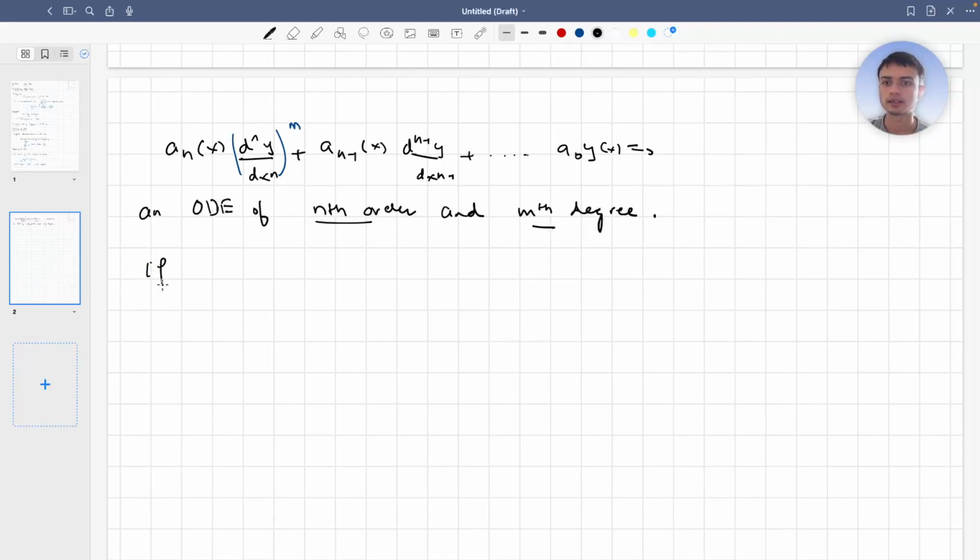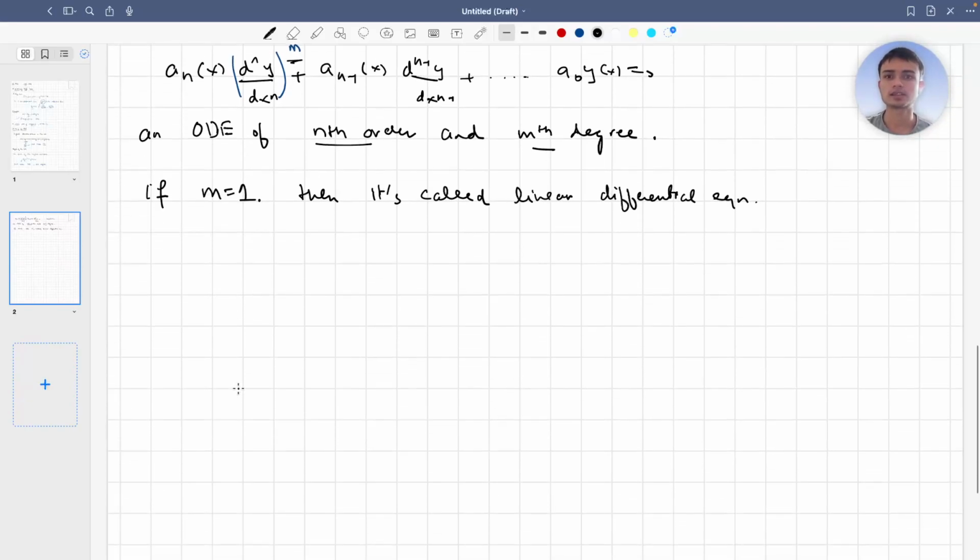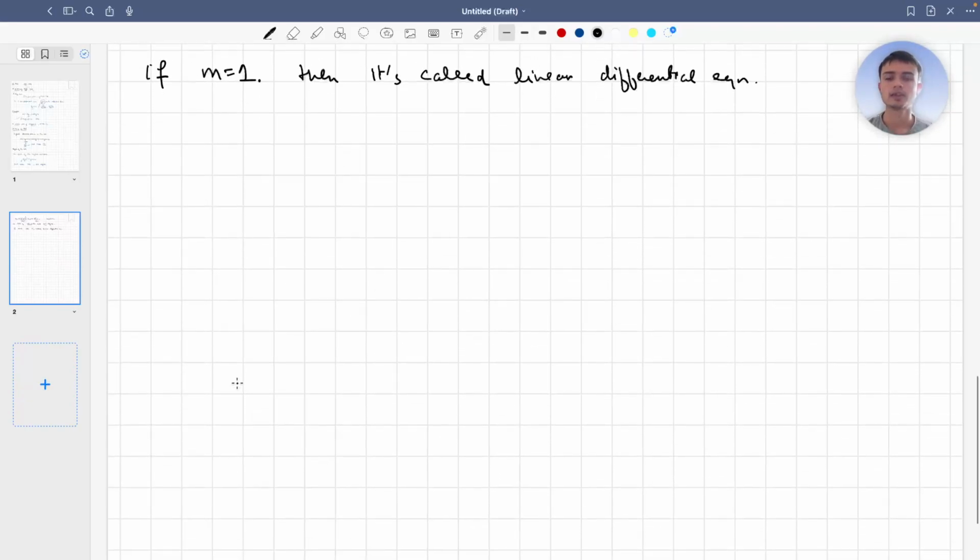And if m equals 1, then it's called a linear differential equation, right?